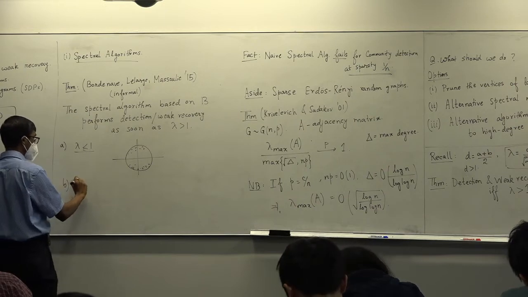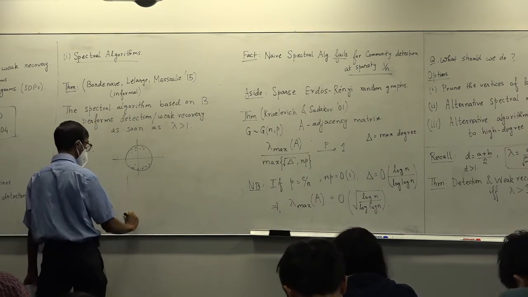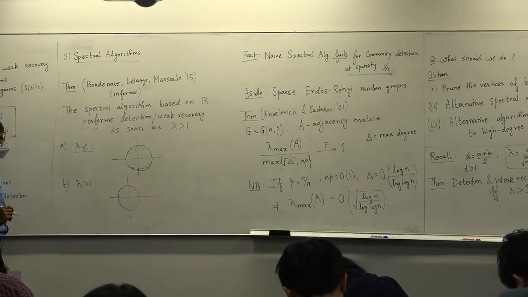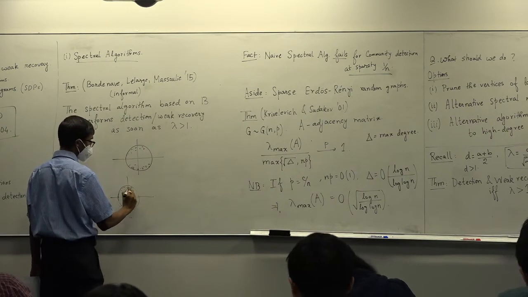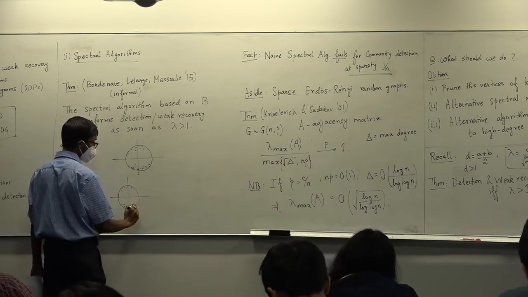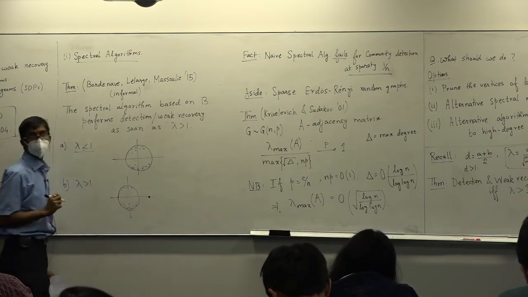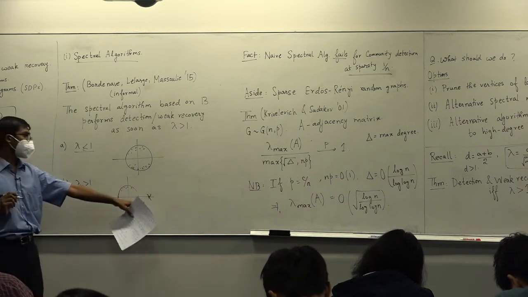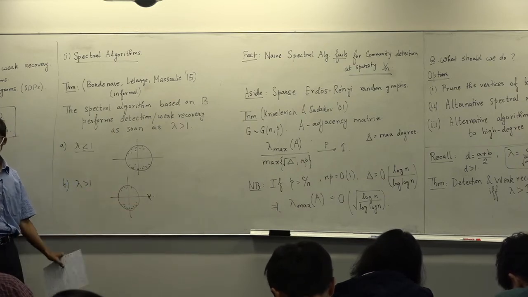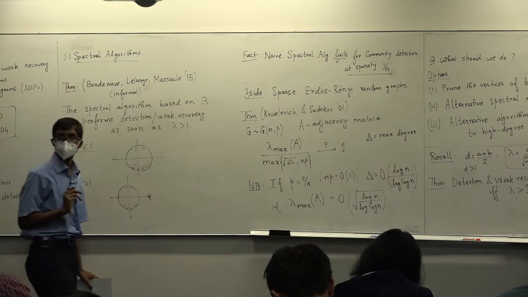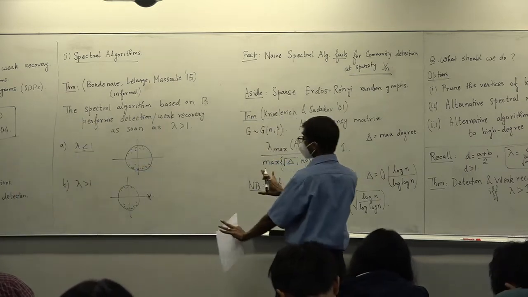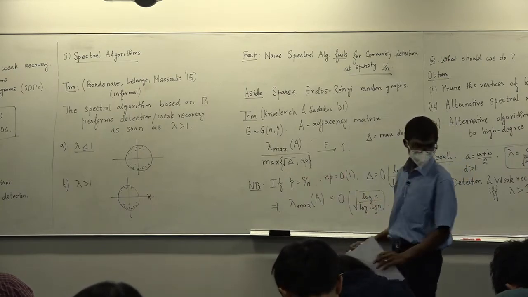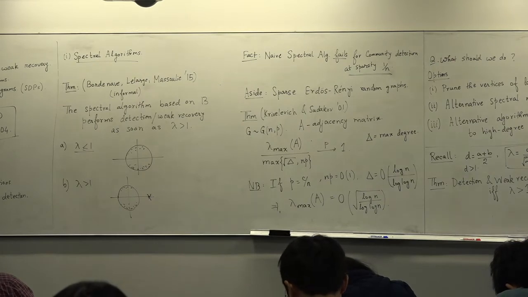Whereas if lambda is bigger than 1, then if you look at the eigenvalues, everything else kind of looks the same, but there is one outlying real eigenvalue. And if you take the eigenvector corresponding to this real eigenvalue and if you round it, that will give you weak recovery. Okay. So that's the result. This is a very deep result in this area. And it attracted a lot of attention, and lots of new tools were developed to prove this.